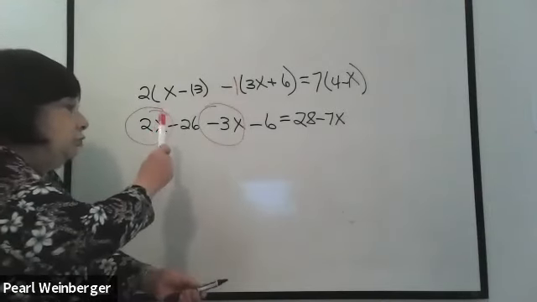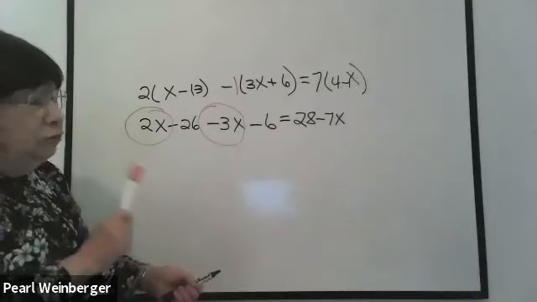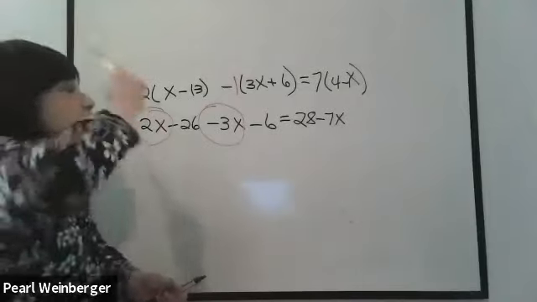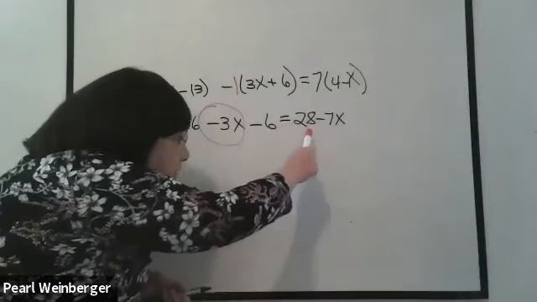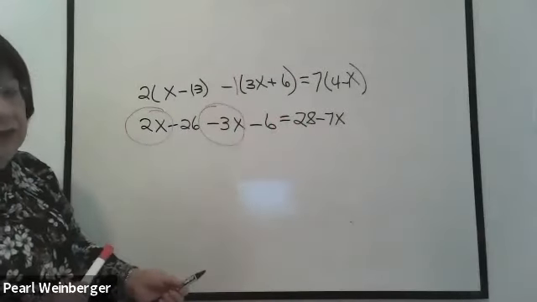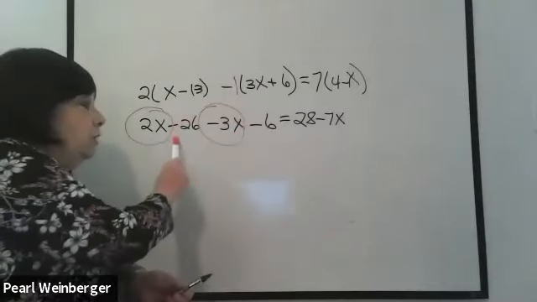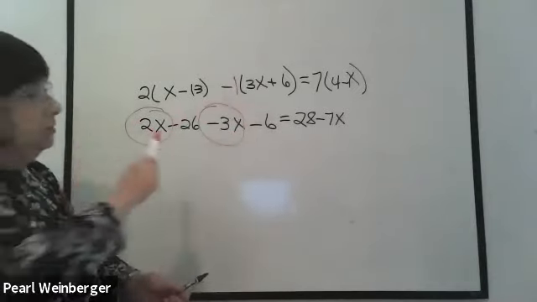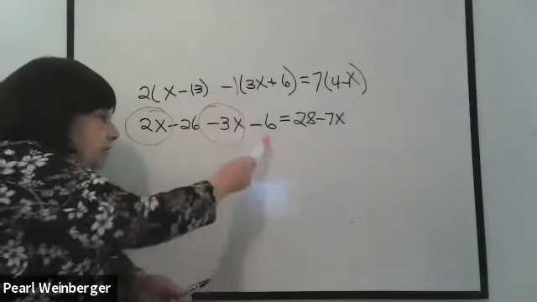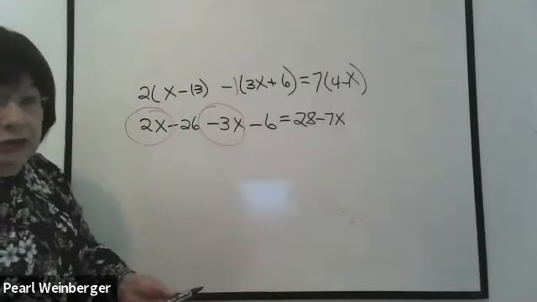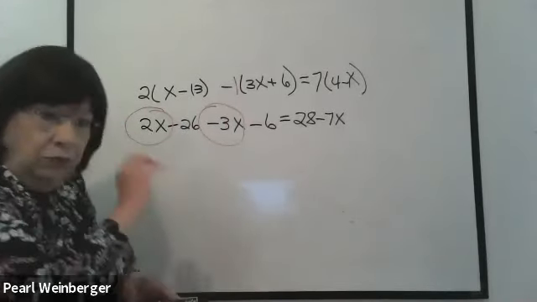Some people do +26 over here and then add 26 to the 6 as well. You can't do that. If you're adding 26 on the left side, then you have to go on the other side of the equal sign and add 26 over there. You can add the same number to both sides of the equation.